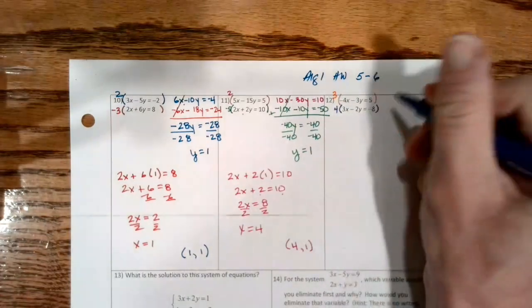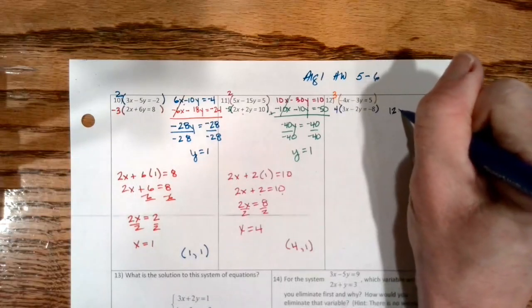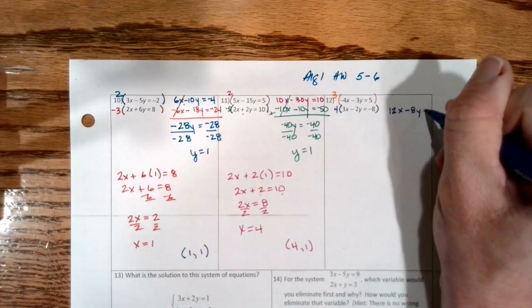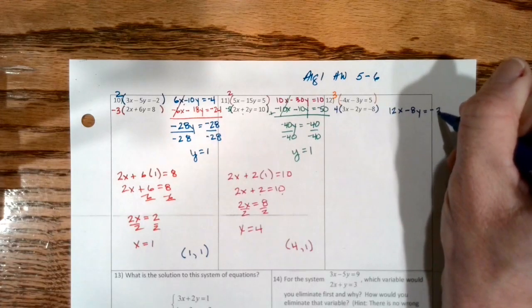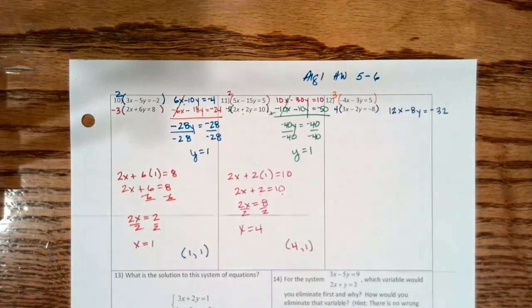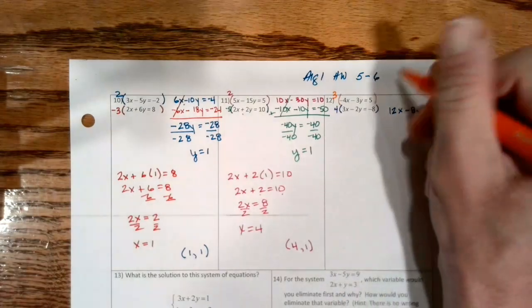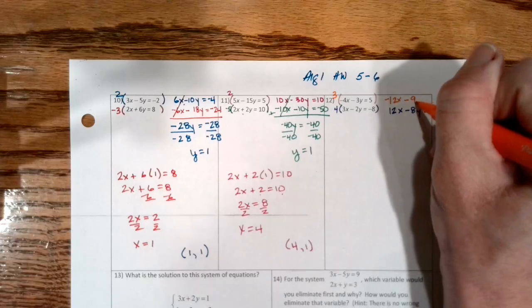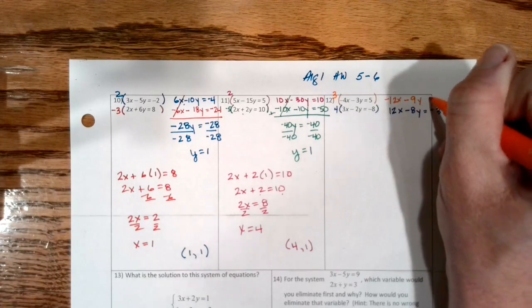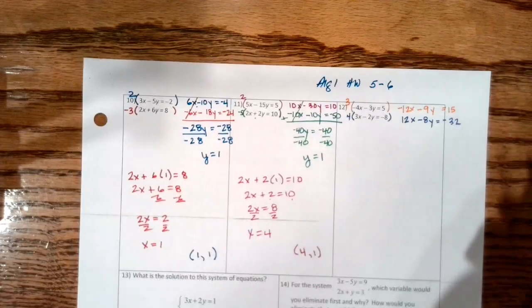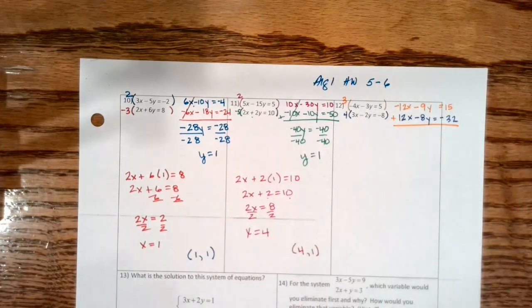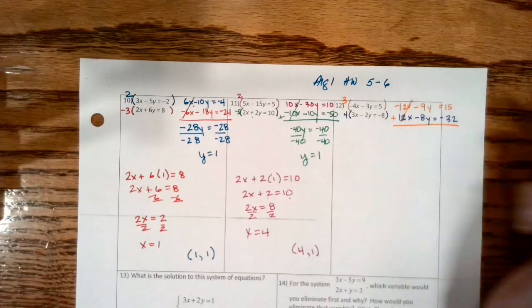So let's see, this one will give me 12 x's minus 8 y's is equal to 32. Here I'll have negative 12x's minus 9y's is equal to 15. When I add those two equations together, my x's make a zero pair.